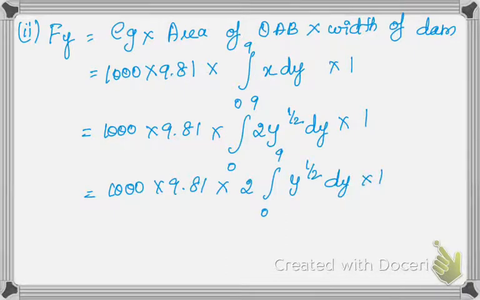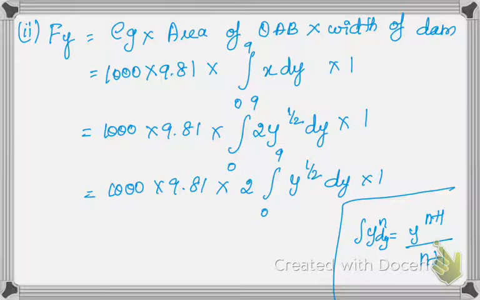So what is the formula? The integral formula is: integral of y power n dy is equal to y power n plus 1 divided by n plus 1. So here it is given as y power half. Instead of n, I am having y power half. So it is y power half plus 1 divided by half plus 1.